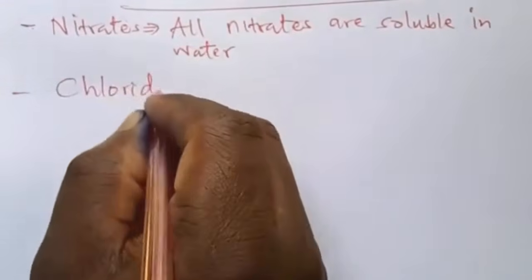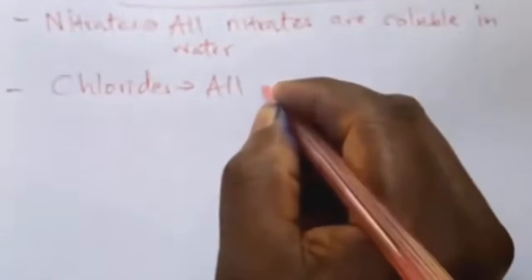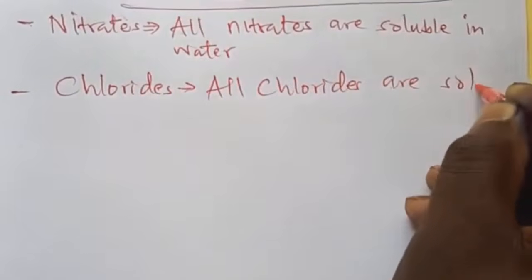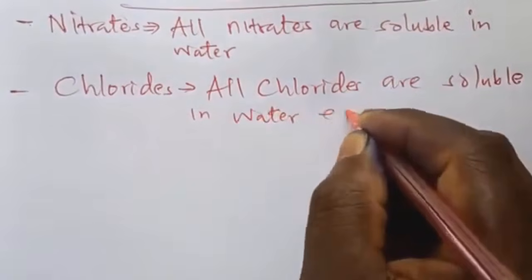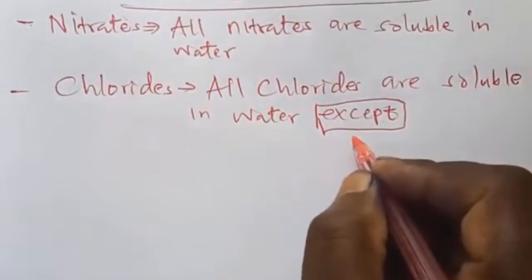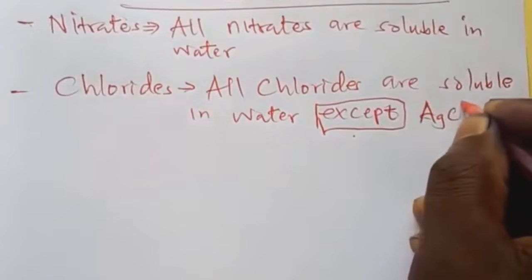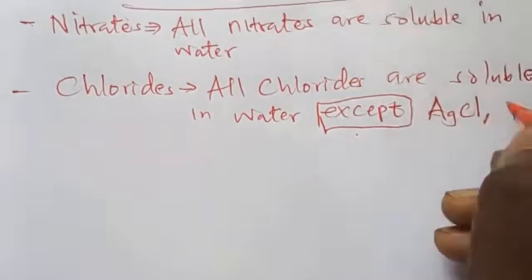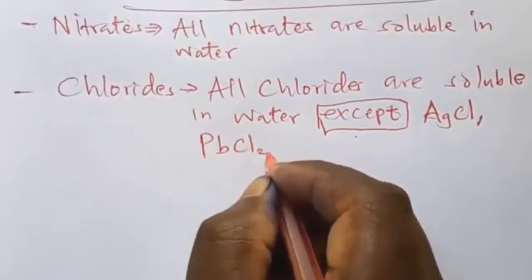Chlorides. Are all chlorides soluble in water? All chlorides are soluble in water, except, and here I want you to mark that, except the chloride of silver, silver chloride, and lead chloride, the chloride of lead.